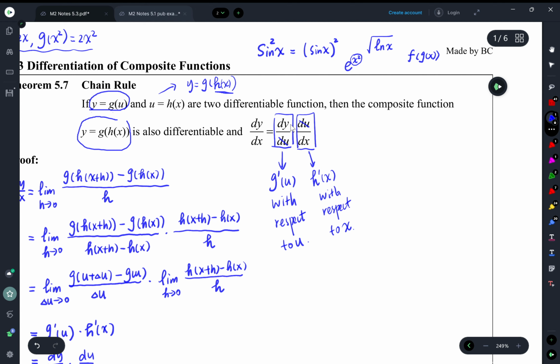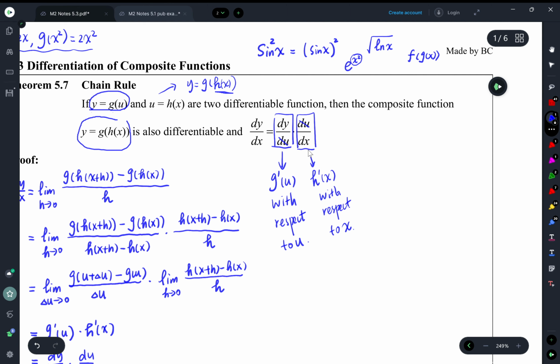Let me see. The first derivative is dy du. What does dy du mean? Dy du means the outside function g prime, but not dx. It's dy du, so it's g prime with respect to u.